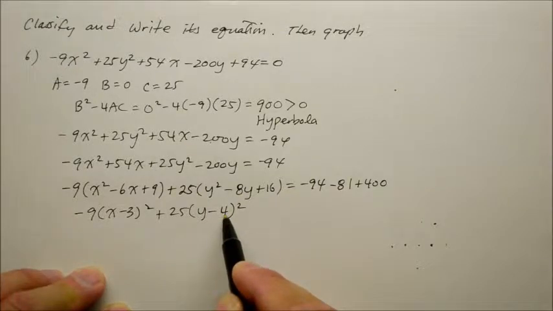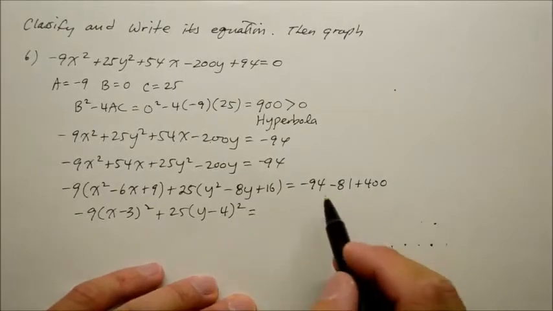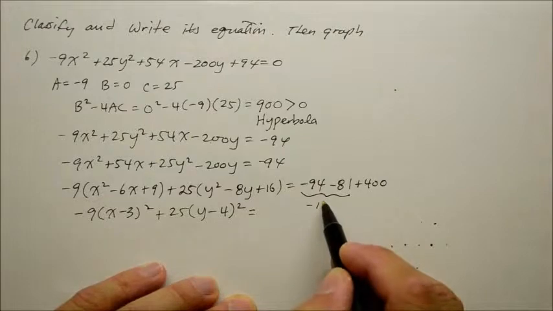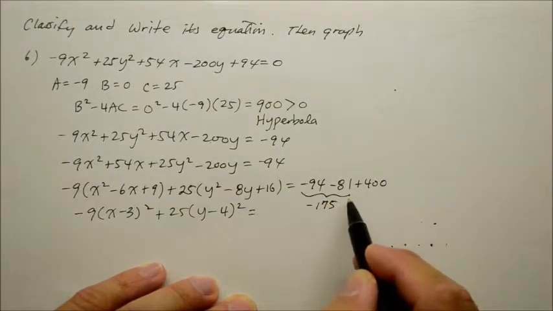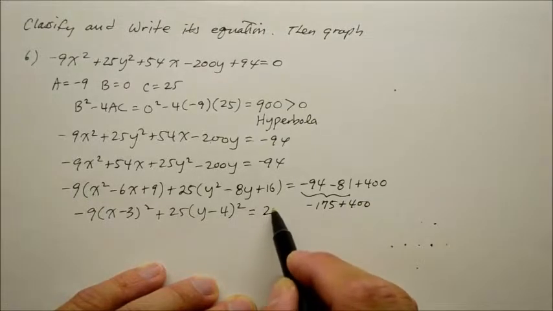Negative 4 times negative 4 is positive 16, equals the mess on the right side. 94 and 81, that becomes negative, what, 175? Combine that with the positive 400, that's going to be 225.